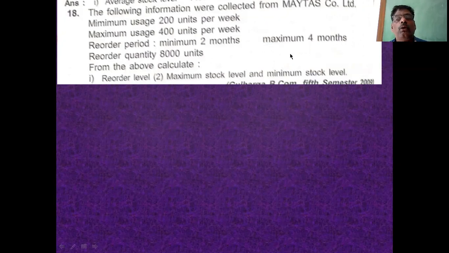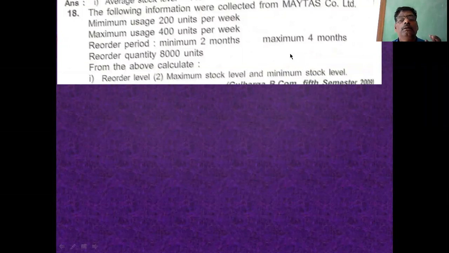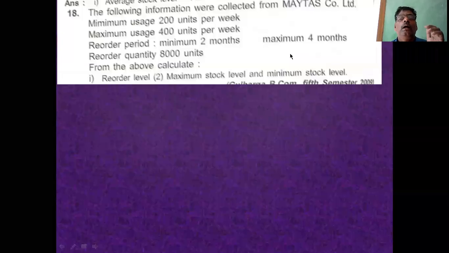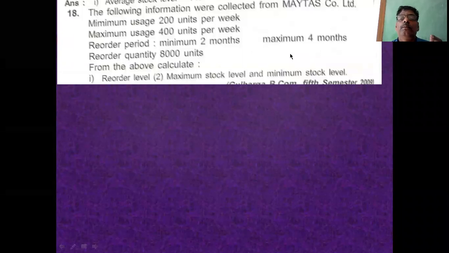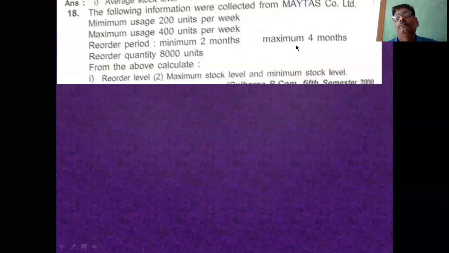Whatever I already solved two problems, the consumption period is more. Consumption is expressed in a high unit and delivery period in a low unit of time. In this problem, consumption is in weeks and delivery period is in months.